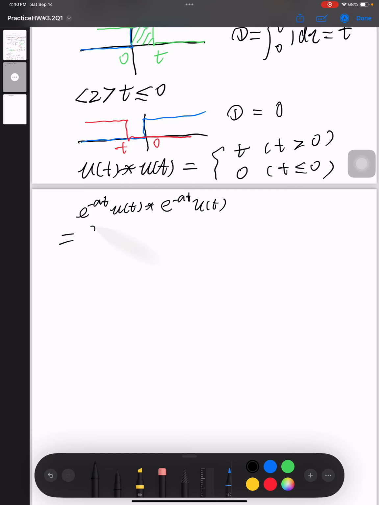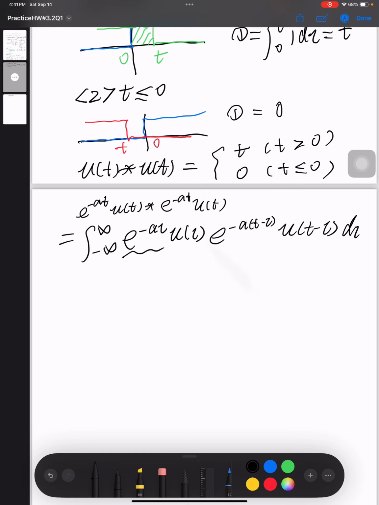Based on the definition, it is the integral of e to the minus a tau u(tau) times e to the minus a (t minus tau) u(t minus tau) d tau.